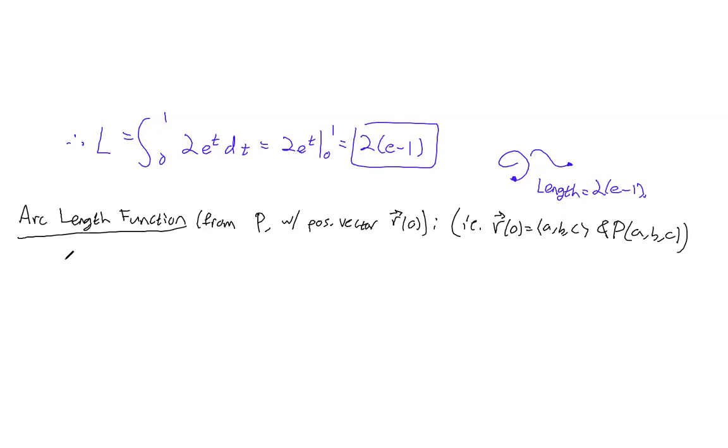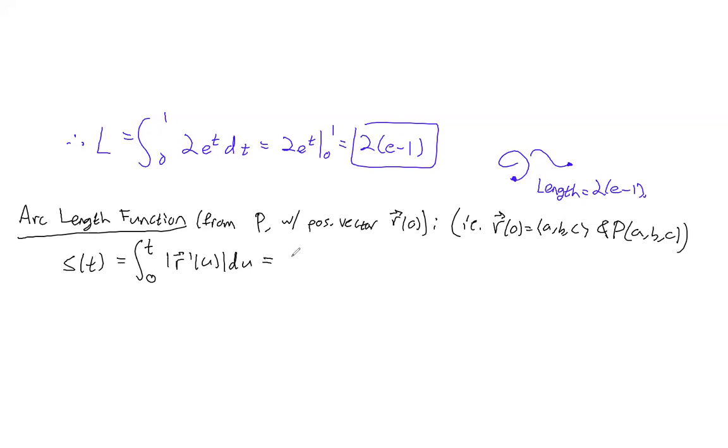and the point P is just the point ABC. So the arc length function is what? It's s of t. S is usually used to denote distance for this purpose. S is the integral from 0 to t of magnitude r prime u du. Again, we have to use u and not t because we already have t in the limit of our integration. What is this?